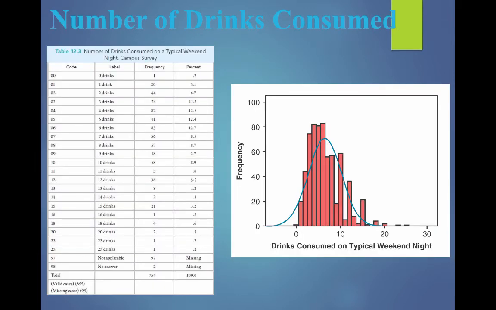So here you have table 12.3, with the frequency and the percent for respondents' self-reports about how much they drank on a typical weekend night. But looking at the table, you're not necessarily seeing the dispersion, right?